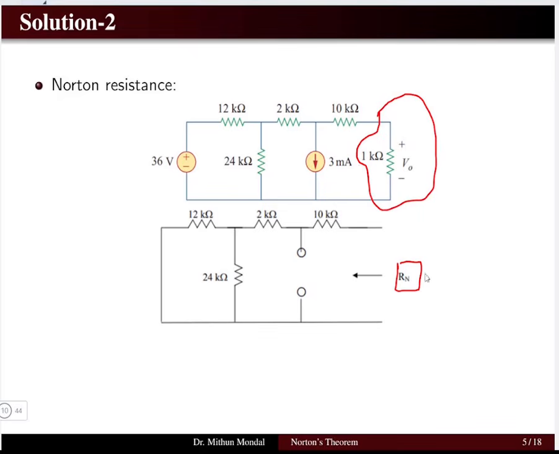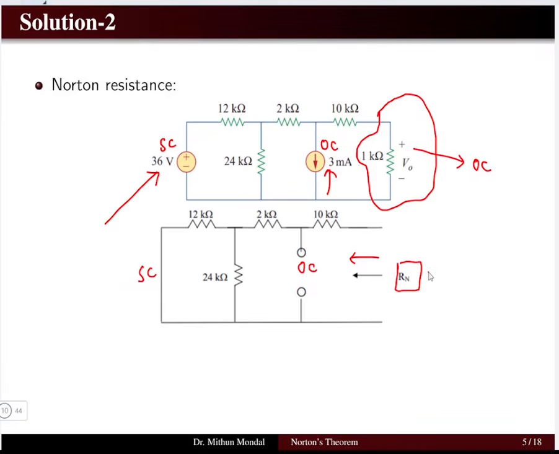First you replace the load resistance with an open circuit, and looking into the terminal, you disconnect the independent sources. We have a 36 volt independent source and a 3 milliampere independent current source. The voltage source will be replaced with a short circuit, and the current source will be replaced with an open circuit. So we have short circuited the voltage source and open circuited the current source.